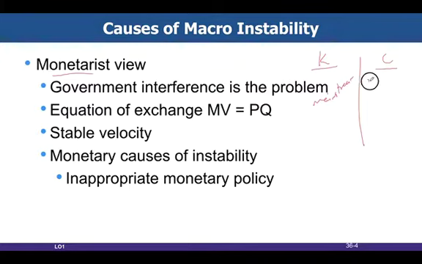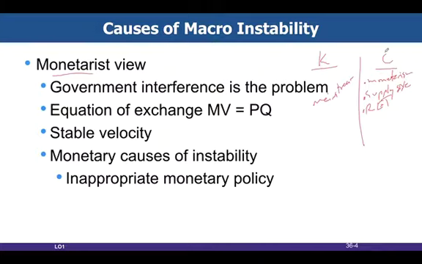Then on the classical side, you've got monetarism, you've got supply side, rational expectations theory, and then some others. But you've heard of this one. This is the big Reagan one. Monetarism we're going to talk about now. Rational expectations we'll deal with in just a second.